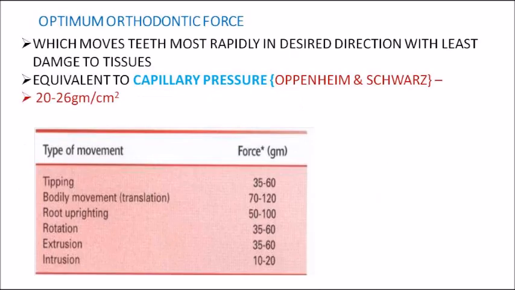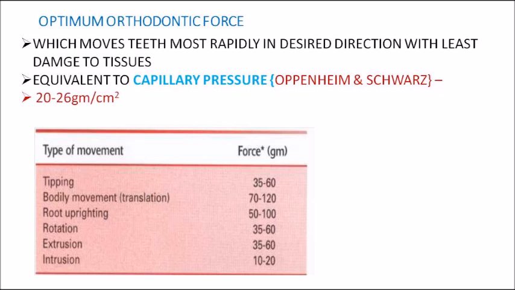So we have seen the effects of heavy force applied on the tooth. The amount of force required to move the teeth in a desired direction rapidly with the least damage to the tissues has been analyzed, and this is called the optimum orthodontic force. That is the amount of force that moves the teeth most rapidly in the desired direction with least damage to the tissues.